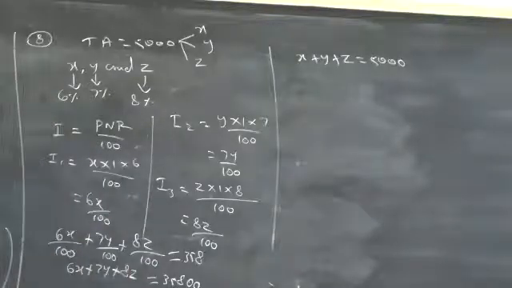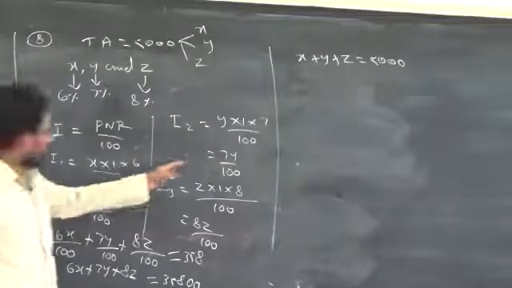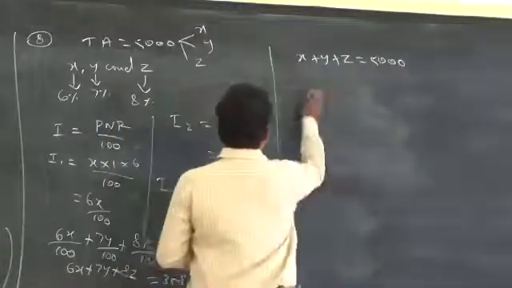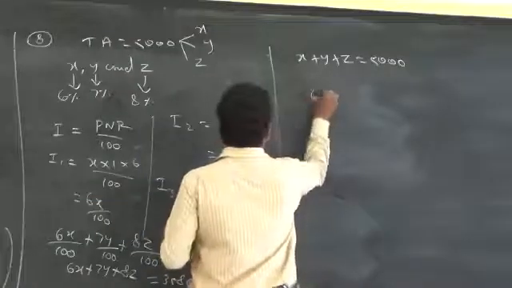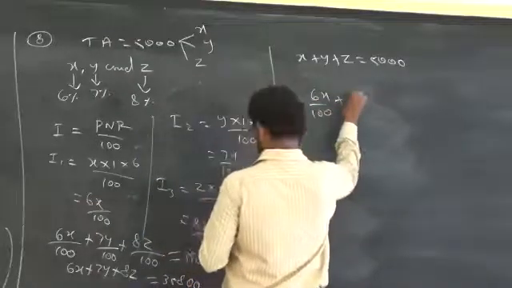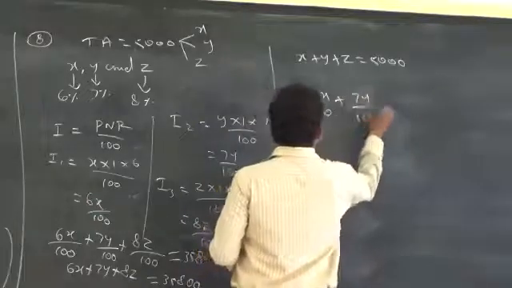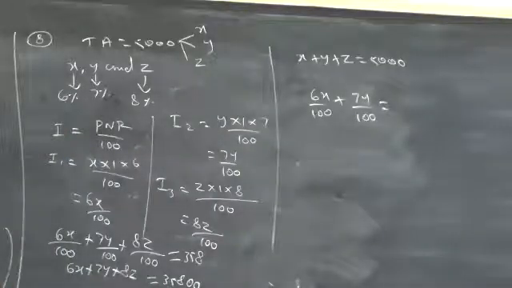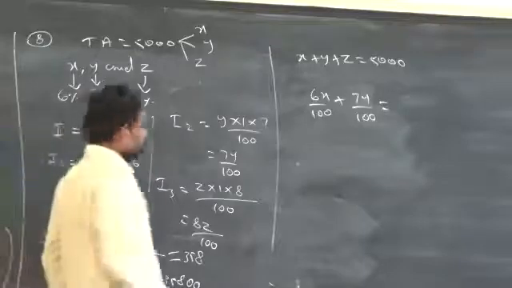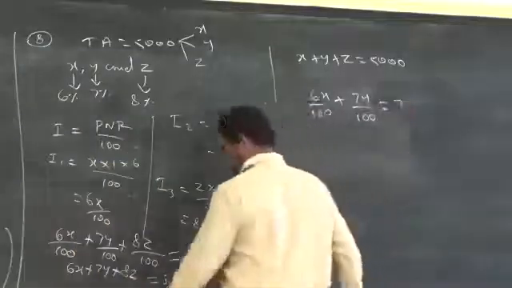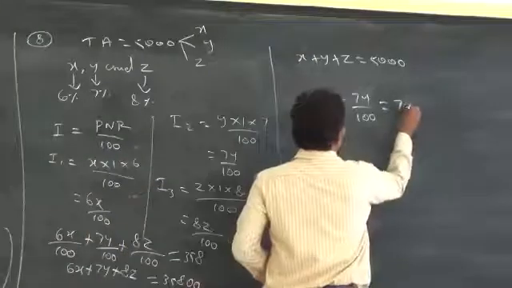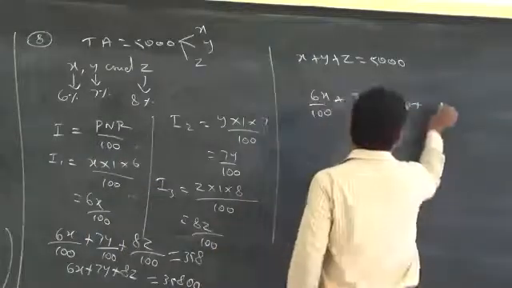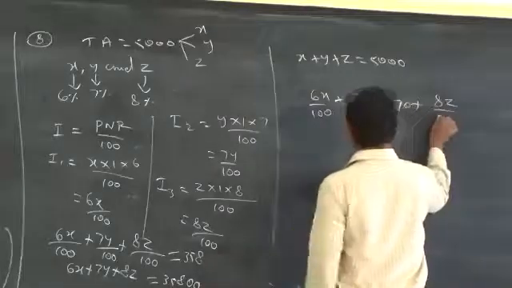Now this third line: the income from the first 2 investments. What are the first 2 investments? Income 6x by 100 and 7y by 100. The income from the first 2 investments is 70 more than the income from the third, that is 70 plus 8z by 100.